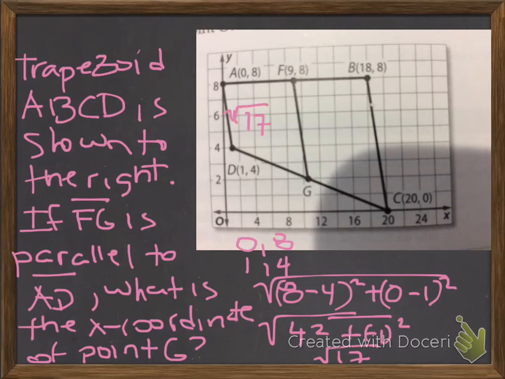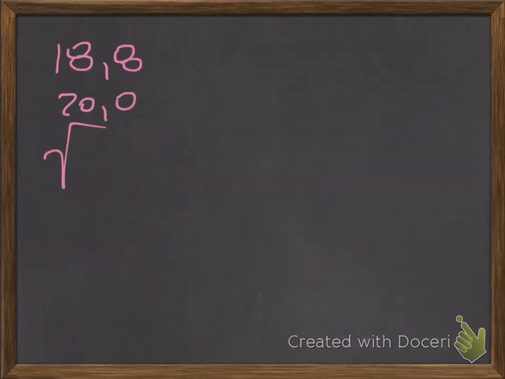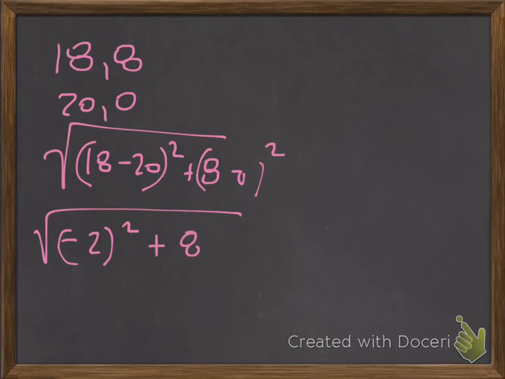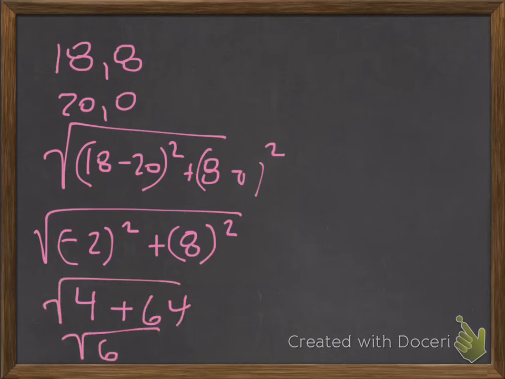And then the distance of BC is the square root of 68.